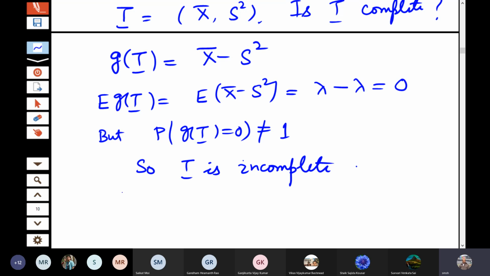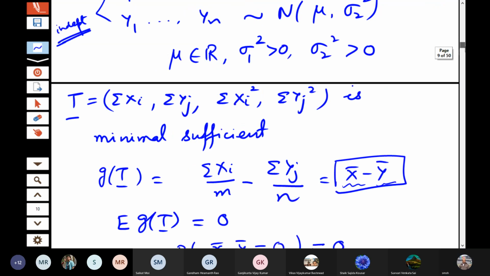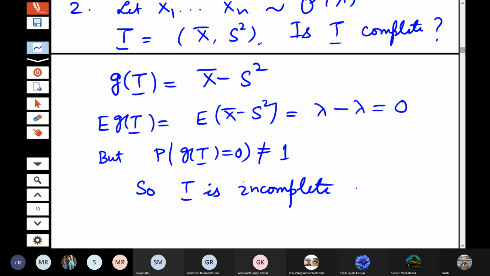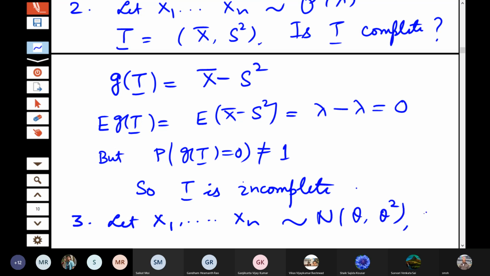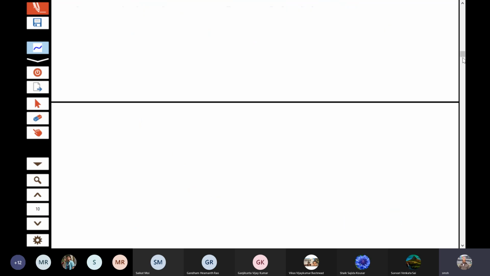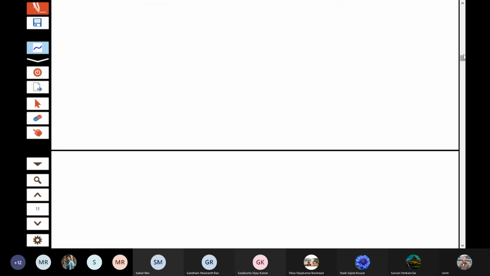Okay, let me give one more problem here. I am considering a random sample from normal(theta, theta square).